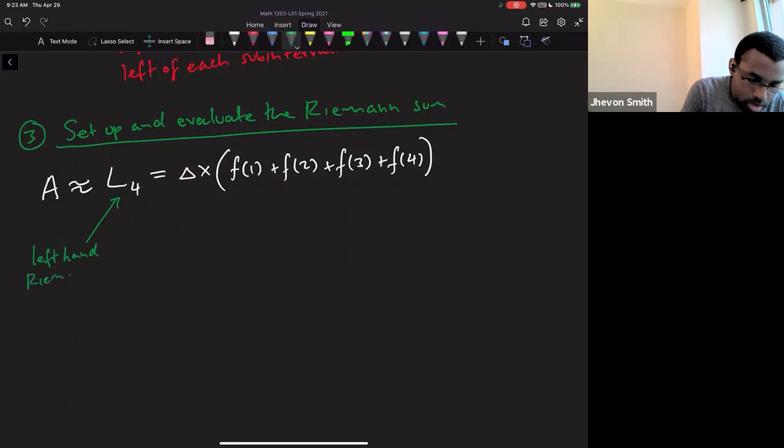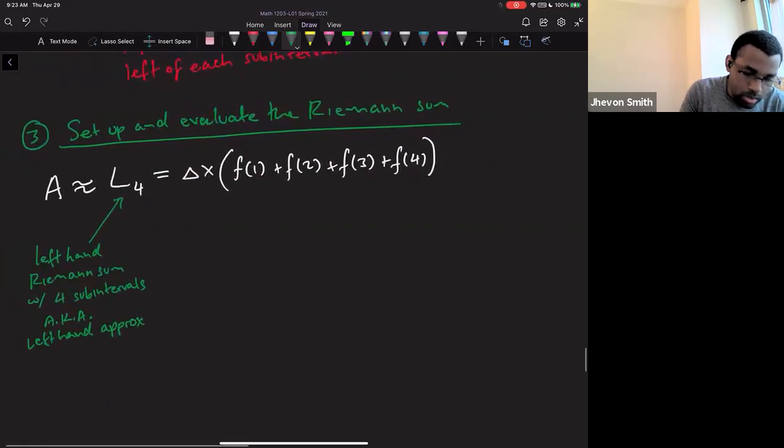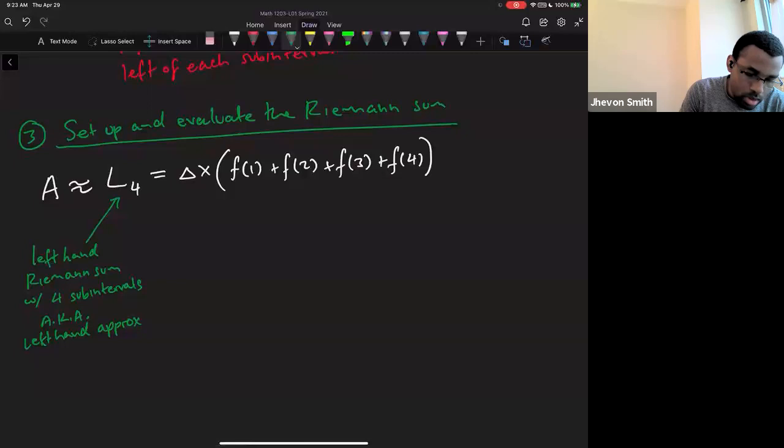Left-hand Riemann sum with 4 subintervals, aka left-hand approximation of the area using 4 subintervals.